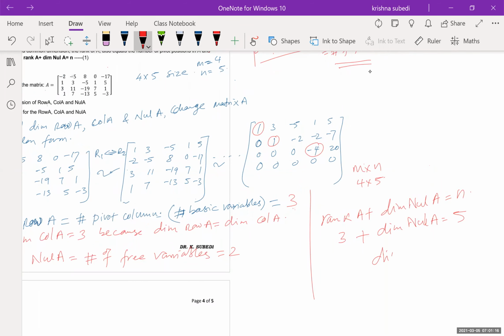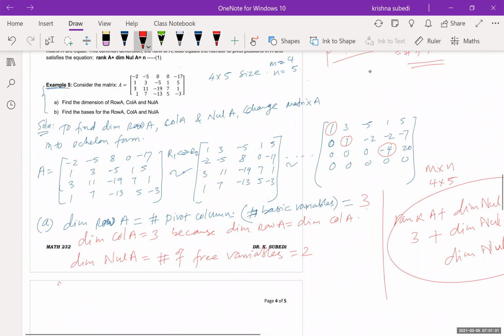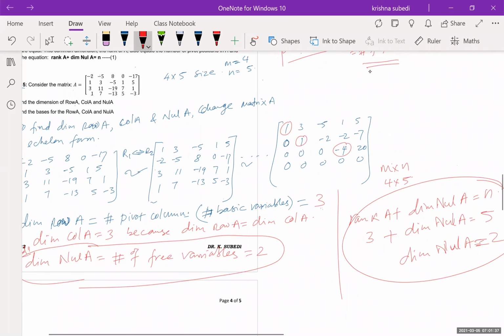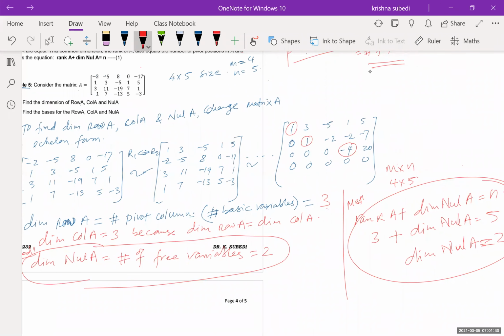So that means dimension of null A equals 5 minus 3, which is 2. You can do it this way too. So I would say this is method 1 for dimension of null A, and this is method 2.